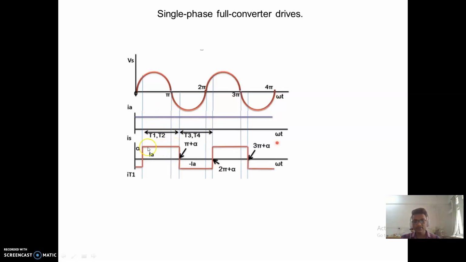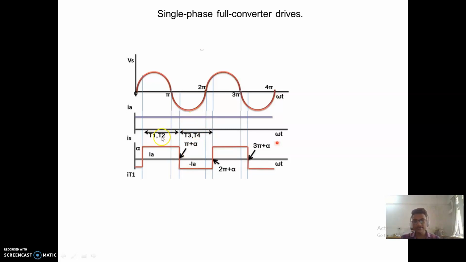In the case of the source current, the source current is high only when the switch is on, and it is in the negative half when T3 and T4 are on.